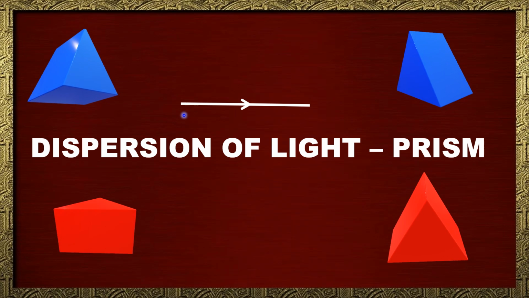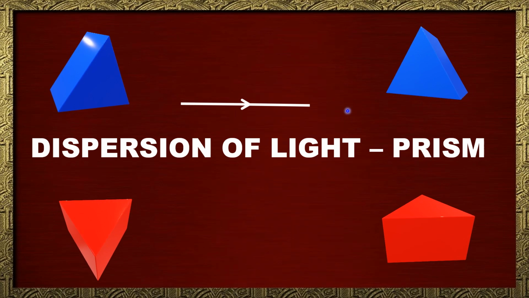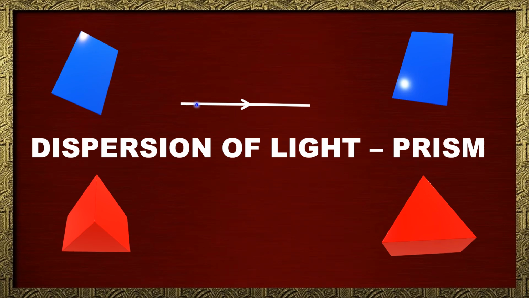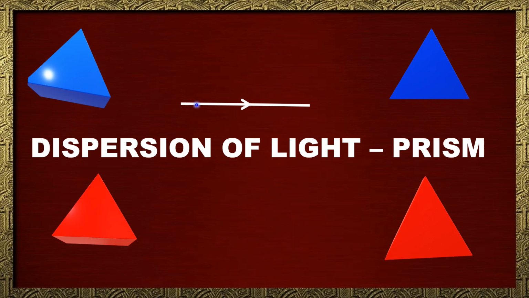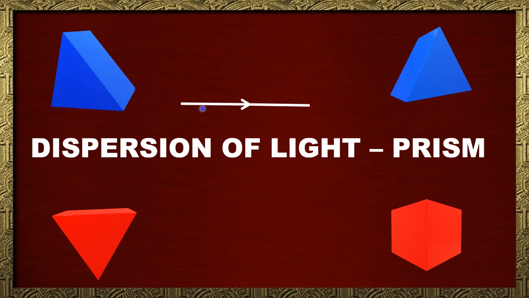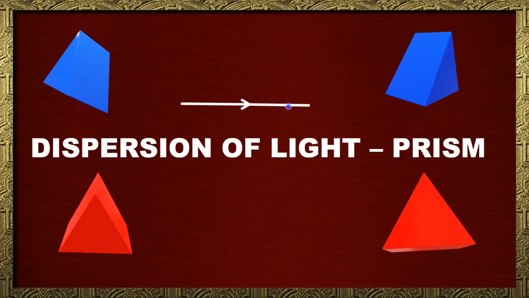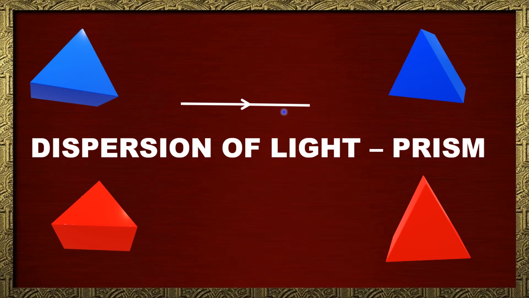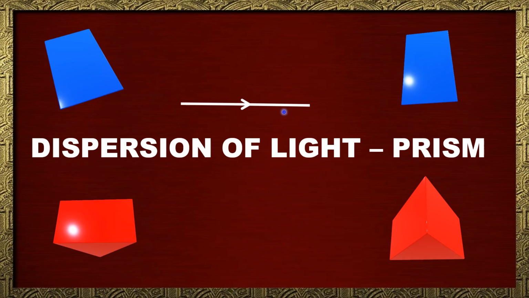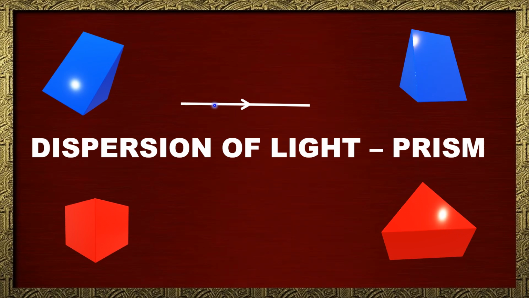You see here, visible light is also known as white light. Remember this. Visible light, also known as white light, consists of a collection of component colors. In this there are several colors, and these colors are often observed as light passes through a triangular prism.